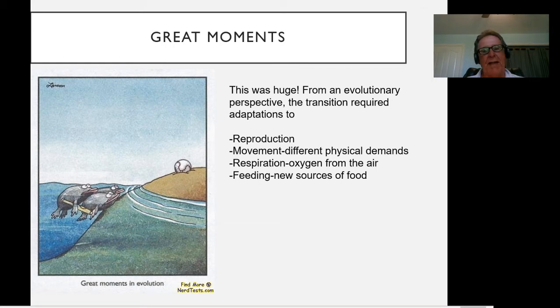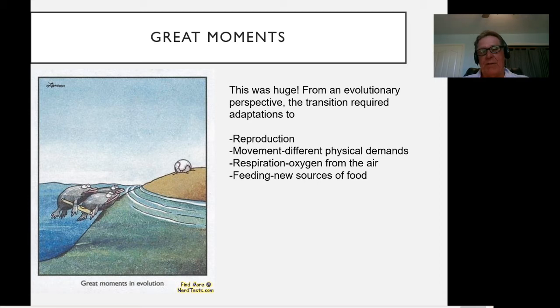But you move differently in water than you do on land. So there are different physical demands. There are different framework structures, different bone structures that are needed. There are different motions, which have to be synchronized differently on land than in water. Swimming is very different from walking.